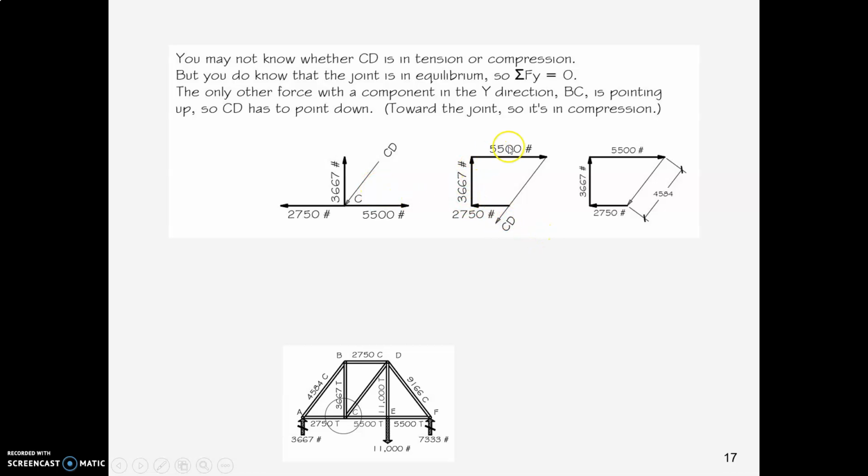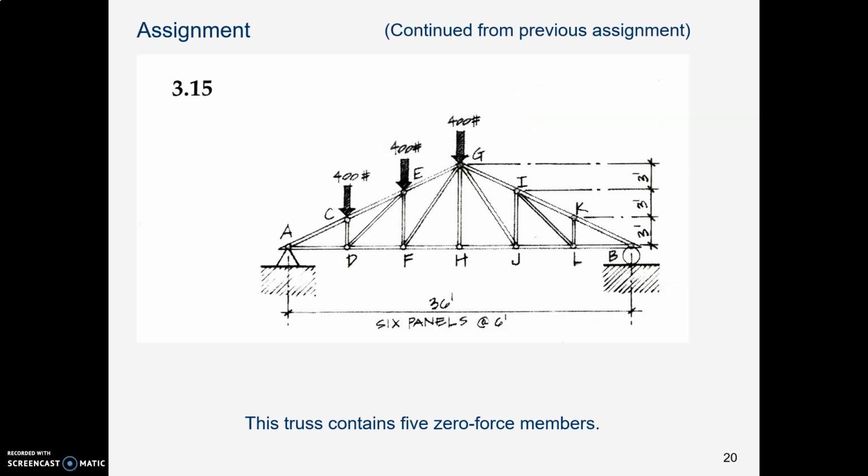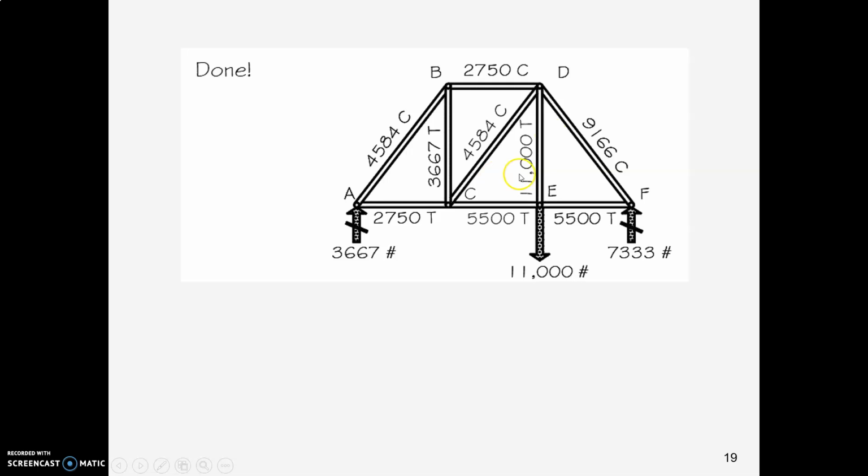And now I can arrange those arrows tip to tail and measure the unknown one. And now I can add that final force, 4584 compression, C for compression, to my force summation diagram. I am done. That is my final truss.